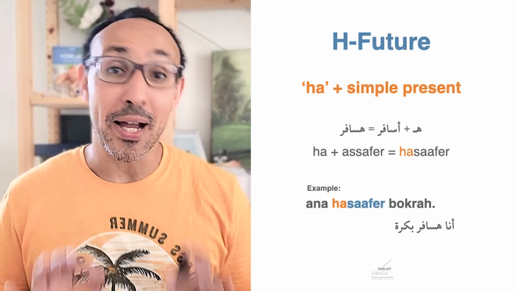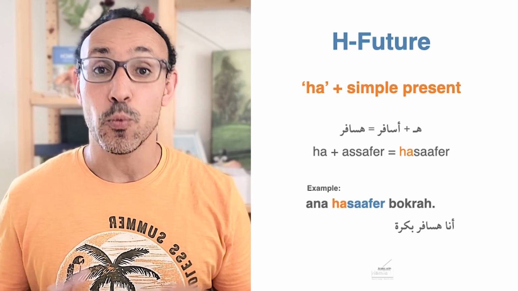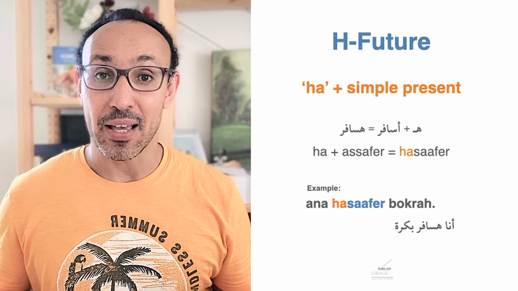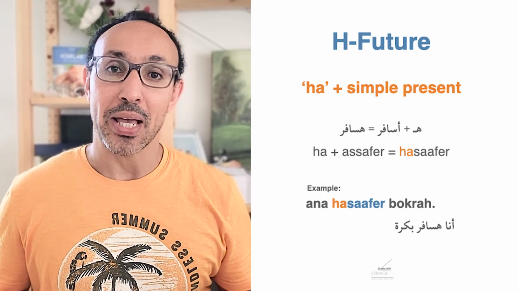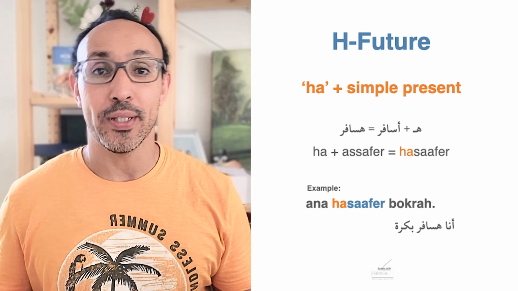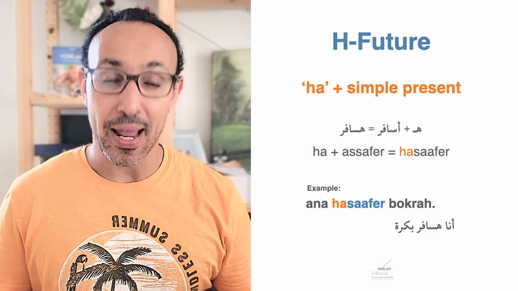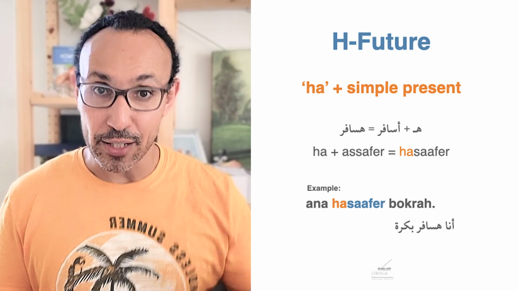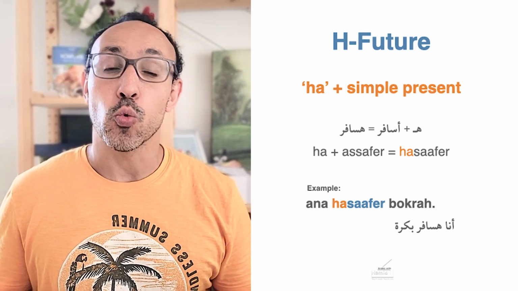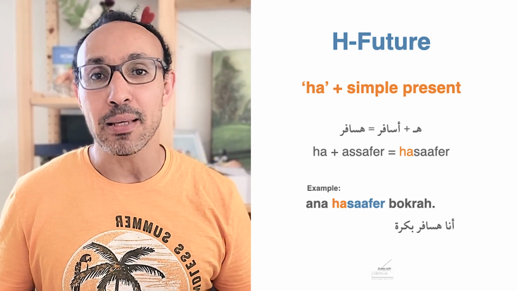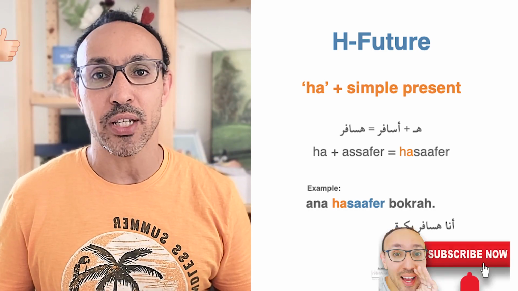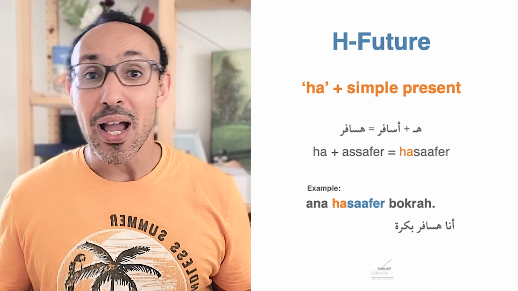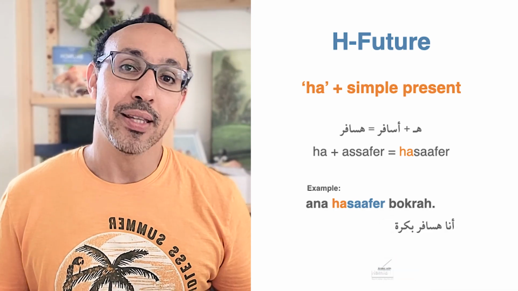So when we bisect this tense, we will see that it's composed of the simple present يسافر, okay, أسافر, which is the conjugation with أنا. We will talk about conjugation with different pronouns later in this video, so keep watching. So when I say أنا أسافر, this is the simple present. We are covering also in this video the simple present as a bonus, because you cannot derive the H future unless you know the simple present.